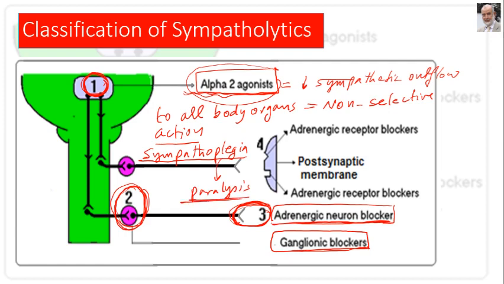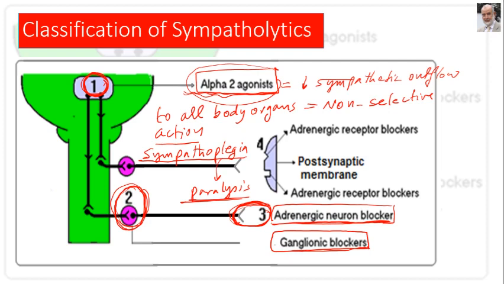They produce sympathoplegia because they will affect all body organs. Okay? So we expect that this group of drugs has very limited clinical uses, and they are under very close medical supervision. Specific clinical uses. Okay? So these are the three groups.